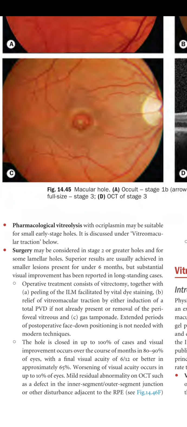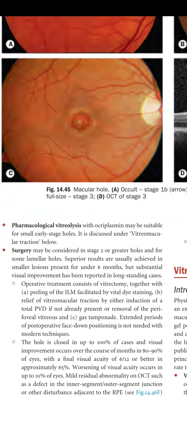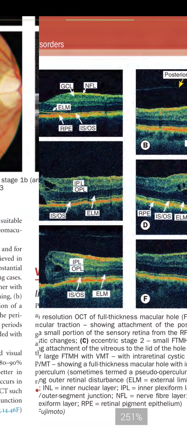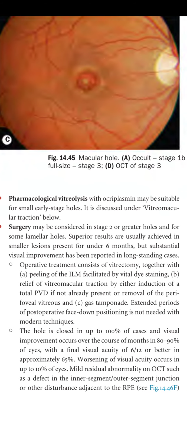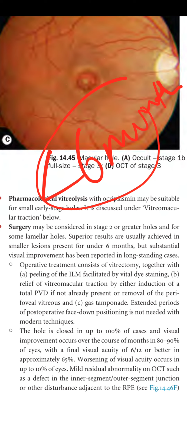Surgery may be considered in stage 2 or greater holes, and for some lamellar holes. Superior results are usually achieved in a smaller lesion present for under 6 months. So most of the time, if the surgery is conducted within 6 months, it has a good result, but substantial visual improvement has been reported in long standing cases.